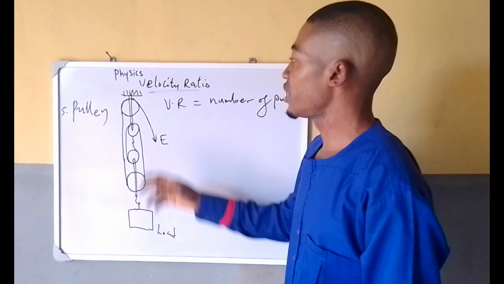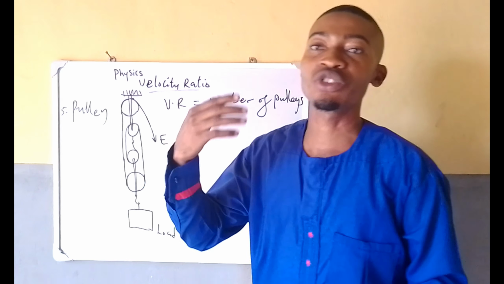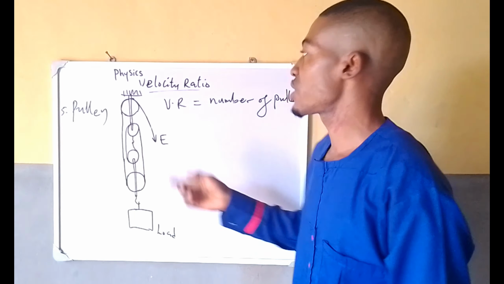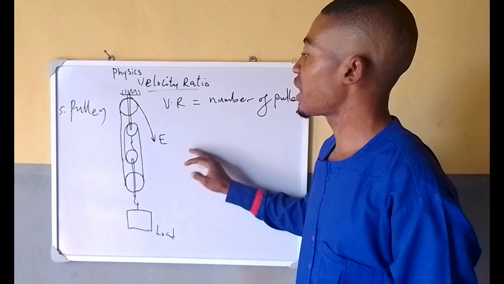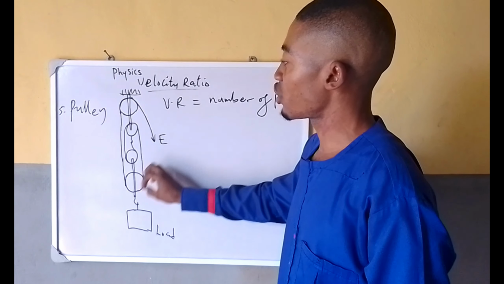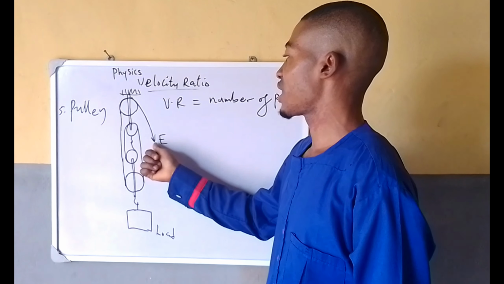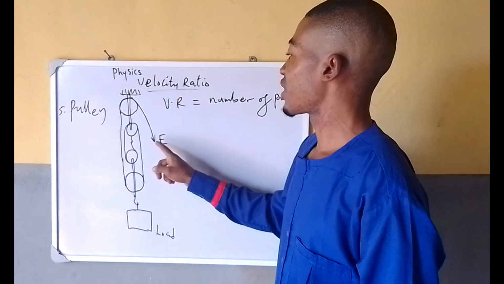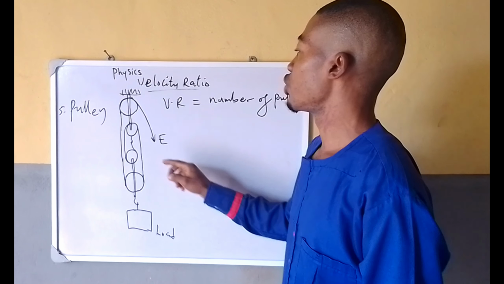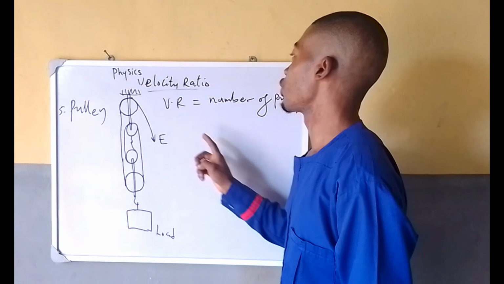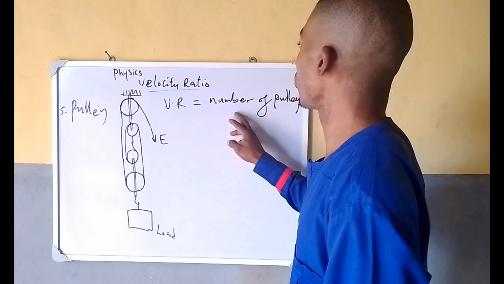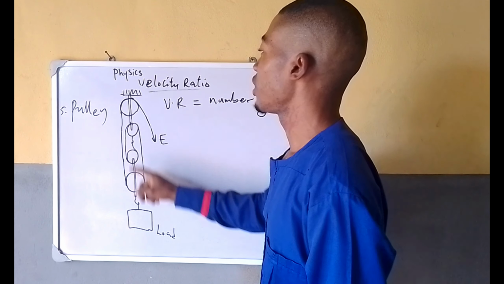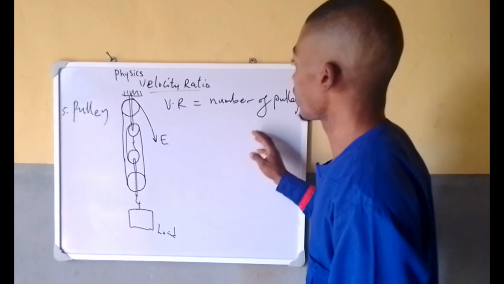Now, in a pulley system, when we have what is called a block and tackle system of pulleys, you discover that it is a sort of this kind of arrangement. What is applied here, then this load moves a distance. So by the time you move this effort, you discover that the velocity ratio is equal to the number of pulleys.